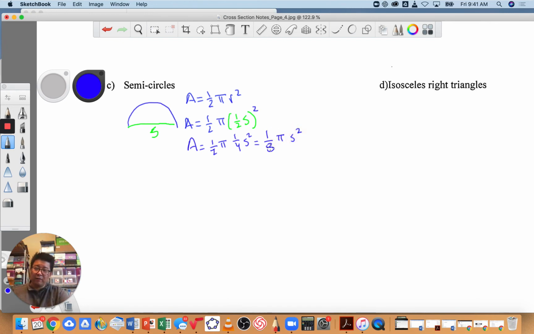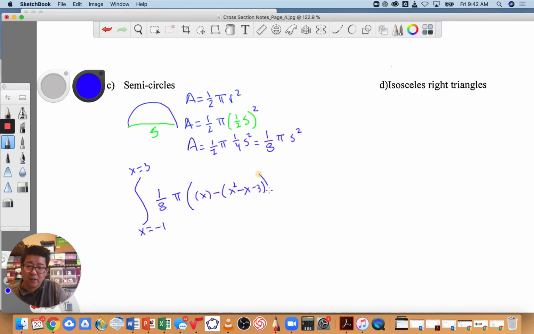You could put pi over the 8 and all that kind of stuff. I just like to keep everything separate so it's easier to cancel if I need to. Anyway, so now you have your area formula, and this problem is practically done. You know your integral goes from x equals -1 to x equals 3. Again, all you have to do is put that area formula in there: 1/8 pi, and it was x minus x squared minus x minus 3 squared.